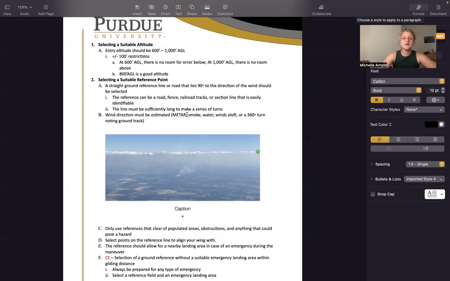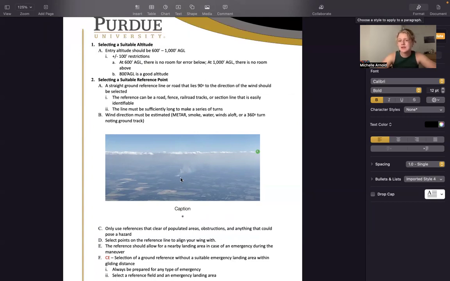So to get the wind, you can use preferably a METAR, but you can also use smoke, water, the winds of like a soybean field. If you don't have access to a METAR or a weather service at a nearby airfield, the most preferable would probably be smoke.